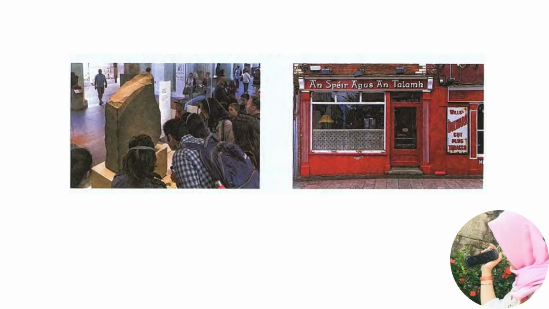On the left side there is a huge stone, and I think within the stone a specific language is written. I think it is placed in a museum, and everyone could see it clearly.